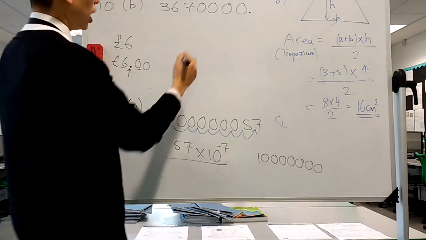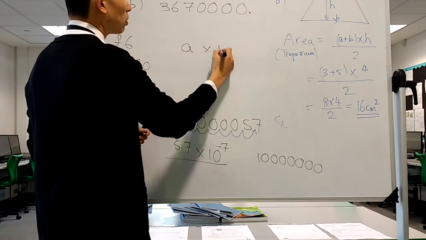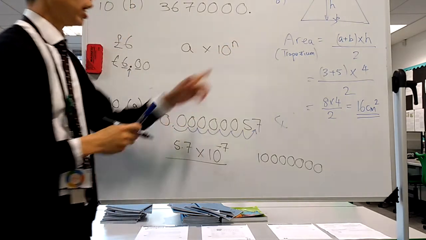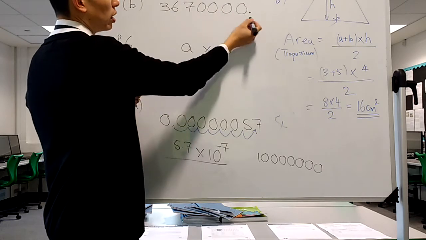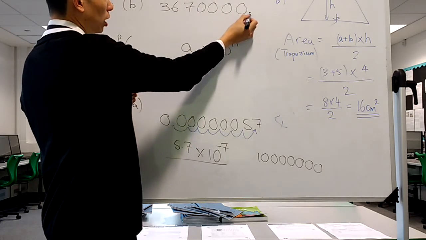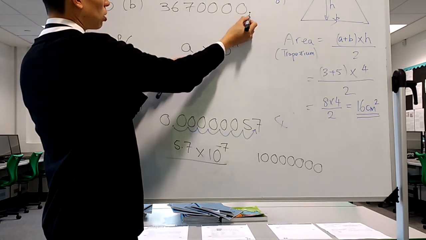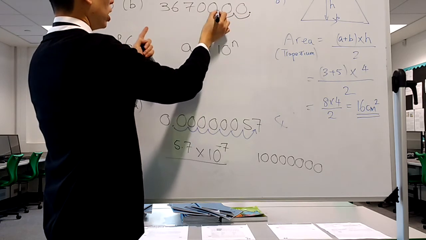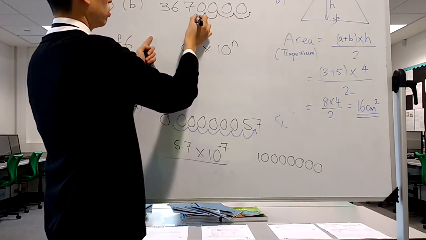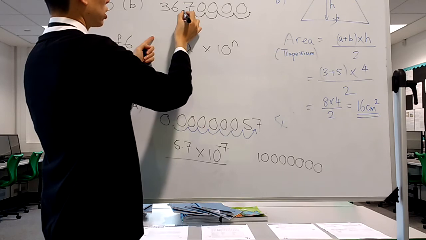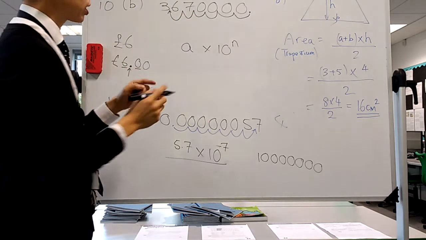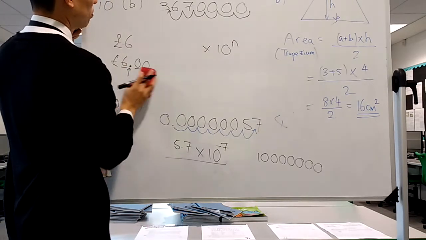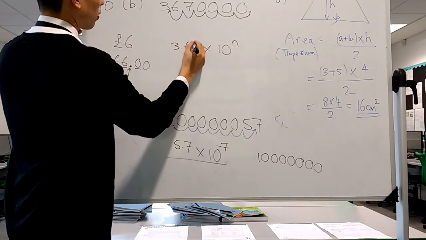Once again, I need to have a number times 10 to the power of an index. So I need to find a number between 1 and 10. So is it here? No. Here? No. That's 367. That's 36.7. Now I've got myself 3.67.